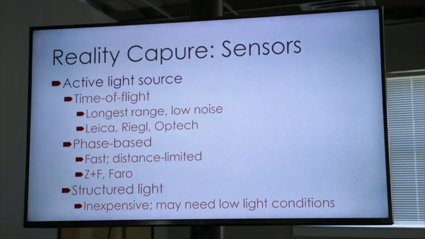And then finally, we have structured light scanners, where you're using white or infrared light to provide a pattern that we're then recording with cameras. And these include things like the Kinect, but also high-end scanners like those from Breuckmann. These are, or can be, inexpensive, obviously, but they also usually need relatively low light conditions. You can't use things like the Kinect outdoors very effectively because the light's being washed out by ambient light.